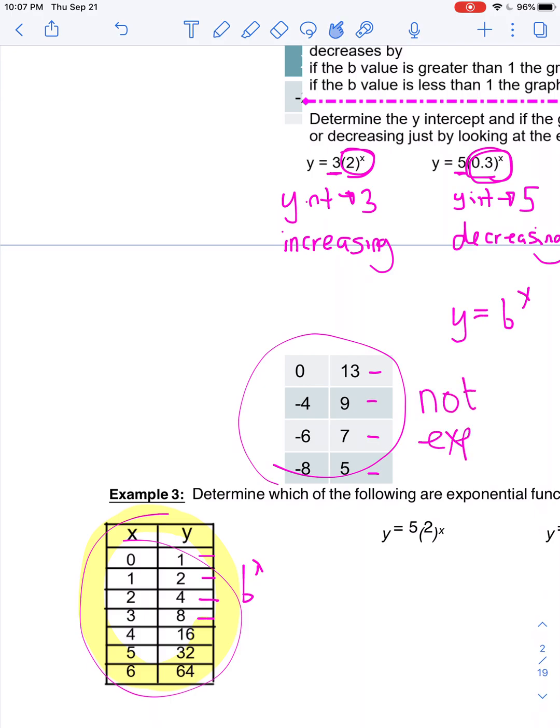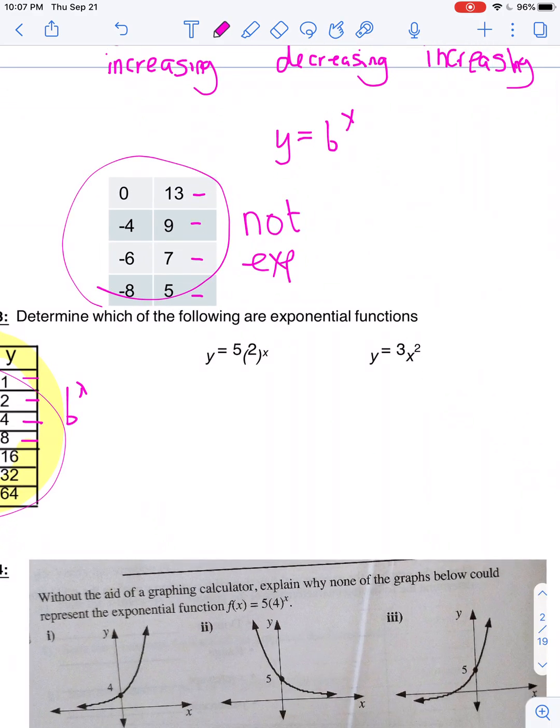And then if we look at actual equations, here we go. Again, I'm going to rewrite this out because of the awful formatting. Whenever your variable is an exponent, so the exponent is a variable, that's going to be an exponential function.